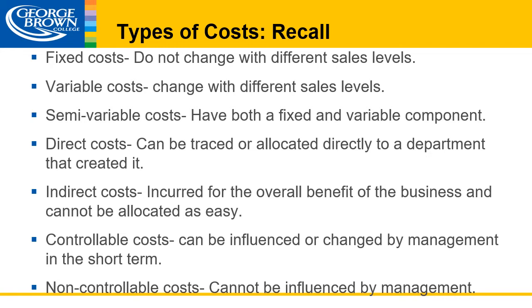Or even the wage for a host, you can't allocate that very easily. So this is an indirect cost, and generally it's been incurred for the overall use of the business.